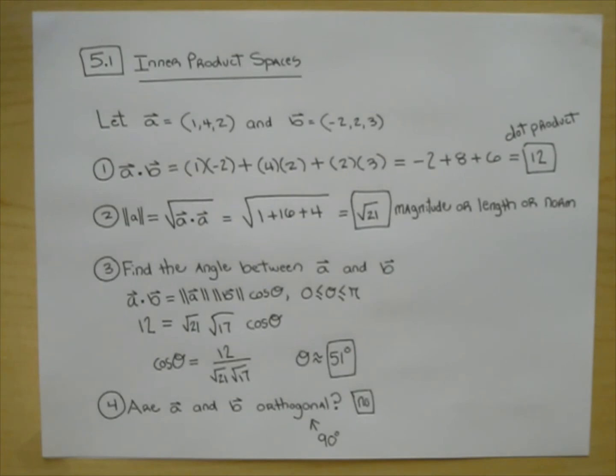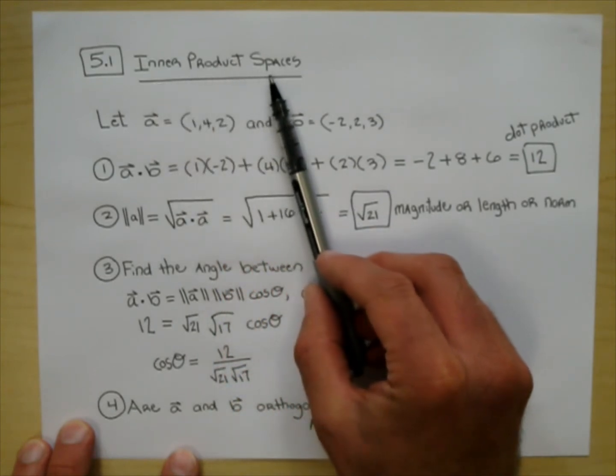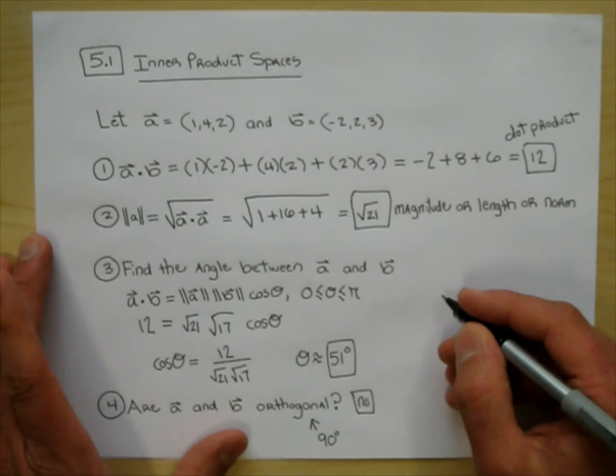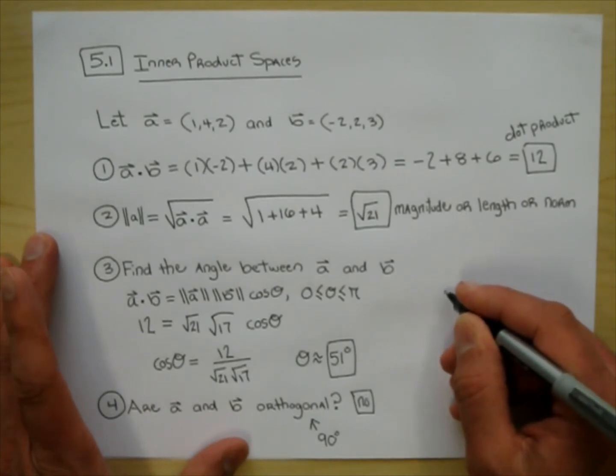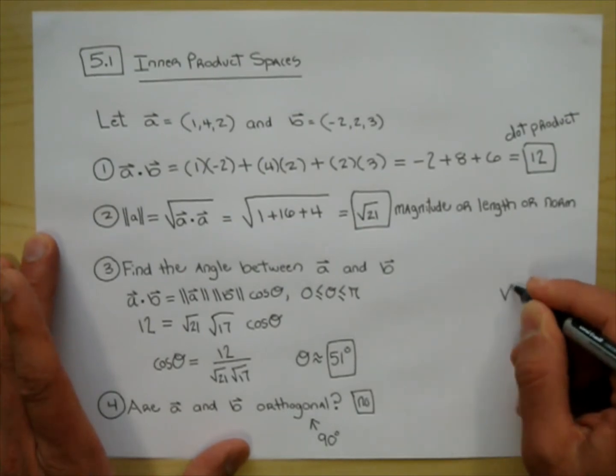And why did we go through all of this? Because what we're going to do is generalize the dot product to inner product spaces. So, for instance, remember in this class we talked about vector spaces.